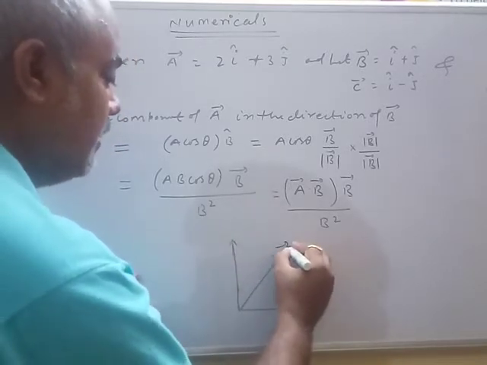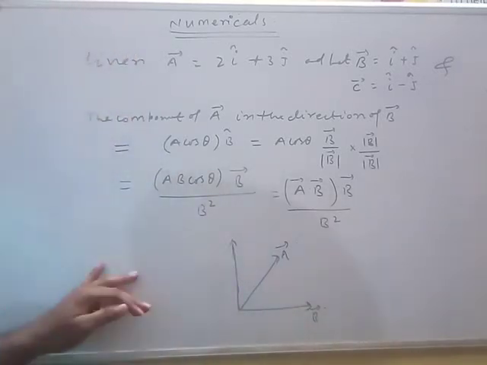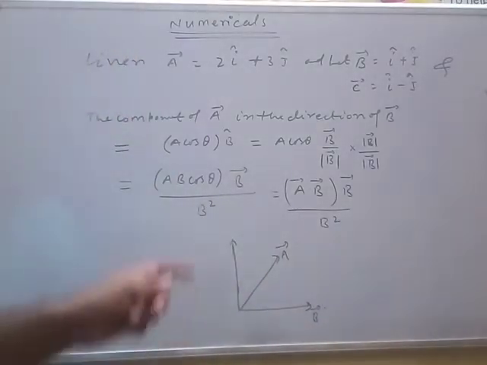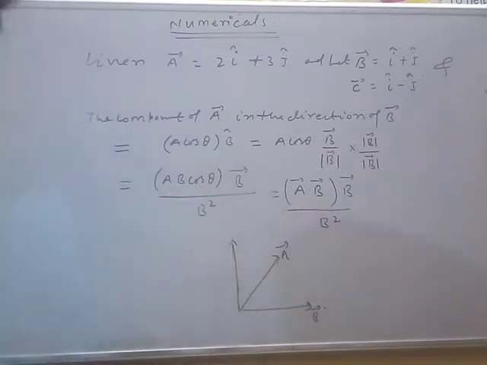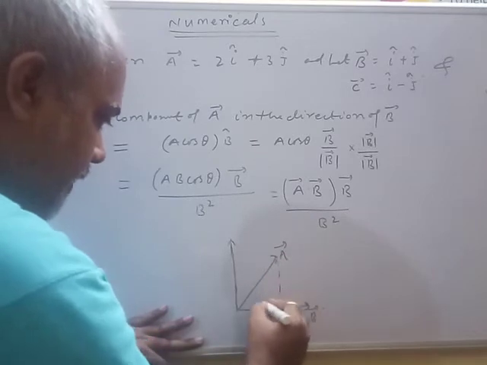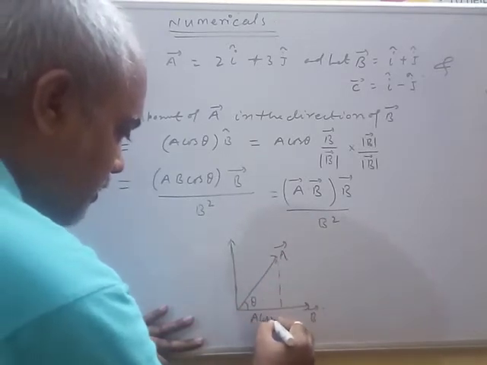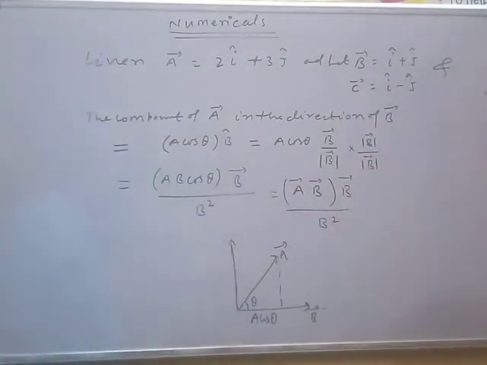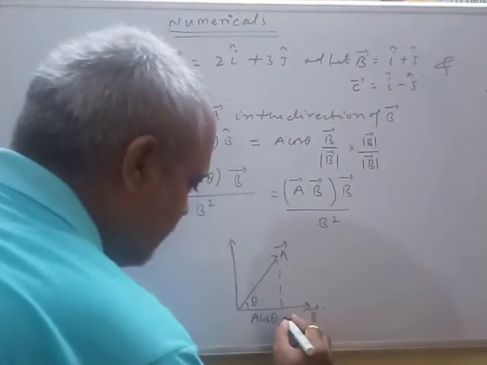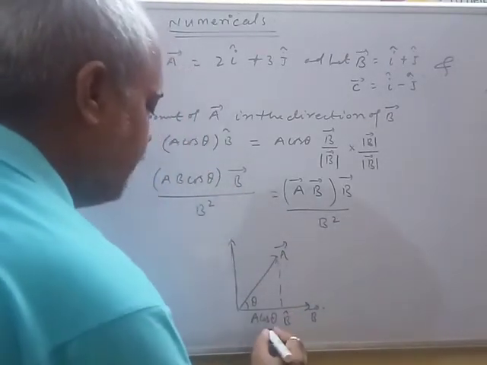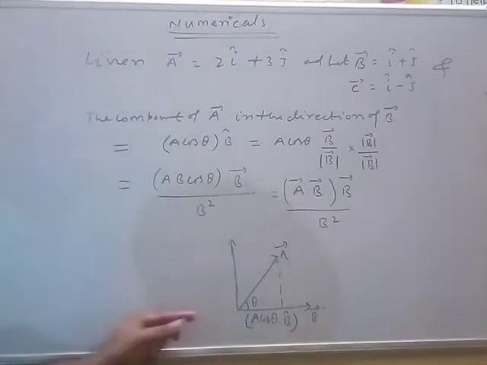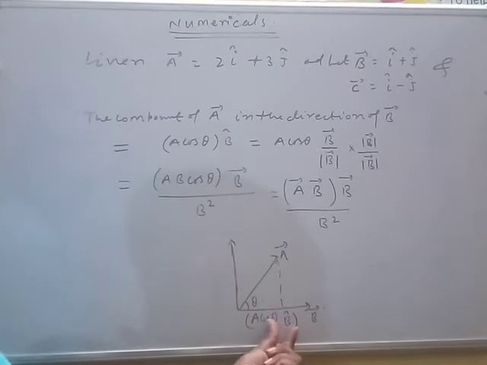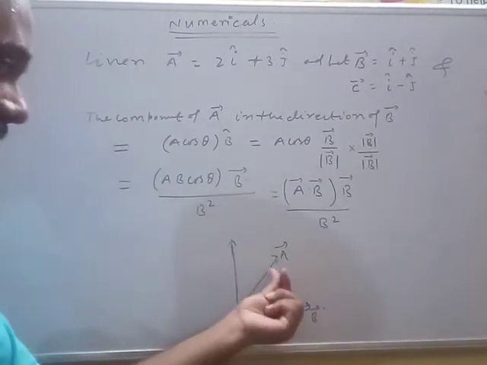Let this be vector A and this be vector B. Now we want to find the component of A in the direction of B. Here, if the angle is theta, then it will be equal to A cos theta in the direction of B, and for the direction purpose we use the unit vector, therefore it will be equal to A cos theta times unit vector B. This is the component of vector A in the direction of B, or in graphical manner this A cos theta is the component of A in which direction?